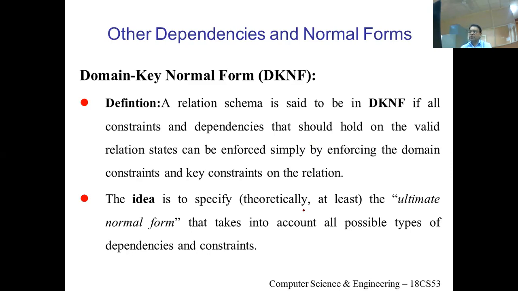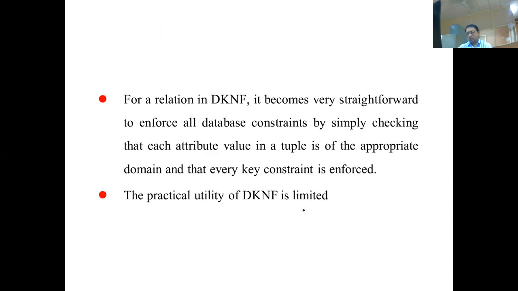So here the idea is to specify the ultimate normal form that takes into account all possible types of dependencies and constraints. For a relation to be in DKNF, it becomes very straightforward to enforce all database constraints by simply checking that each attribute value in a tuple is of the appropriate domain and that every key constraint is enforced.